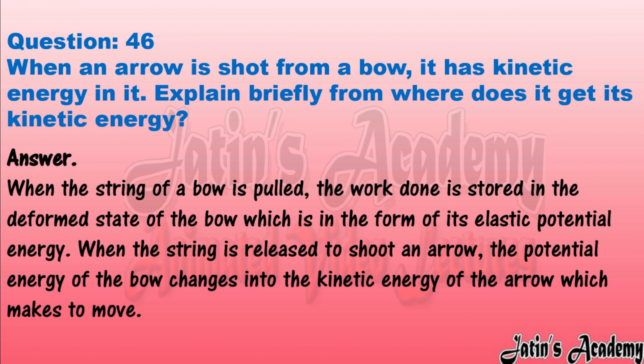Explain briefly from where does it get its kinetic energy? Answer. When the string of a bow is pulled, the work done is stored in the deformed state of the bow, which is in the form of its elastic potential energy. When the string is released to shoot an arrow, the potential energy of the bow changes into the kinetic energy of the arrow, which makes it move.